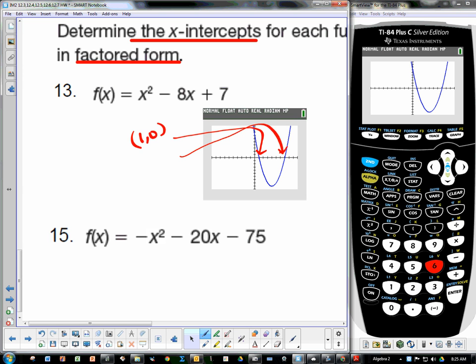Looks to me like it's going to be out to, here's 1, 2, 3, 4, 5, 6, 7. That's (7, 0). Do you think you can write this? Yeah, you can write this in factored form. It's going to be the following. y is equal to x minus 7. Fine. We can do that one first. And then x minus 1.